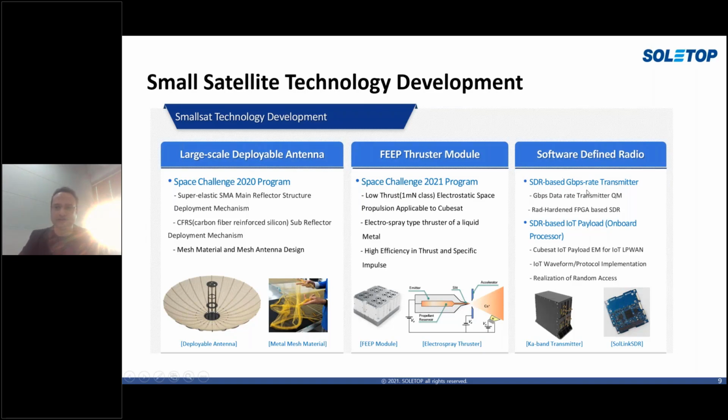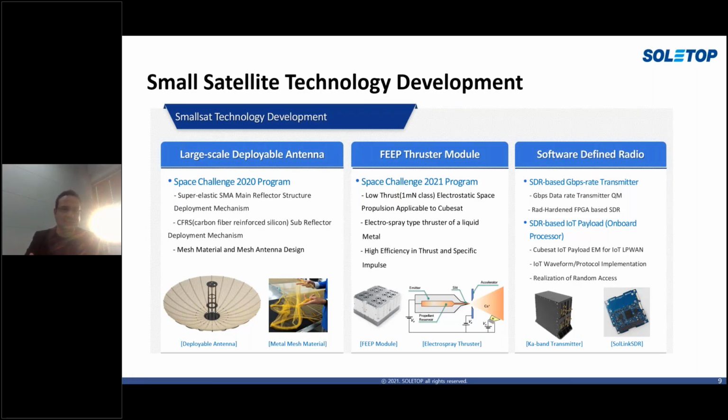So what we are trying to do at this point is have several opportunities growing for small satellites on various grounds.